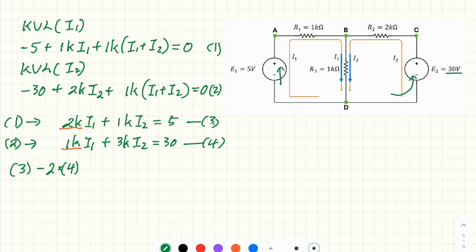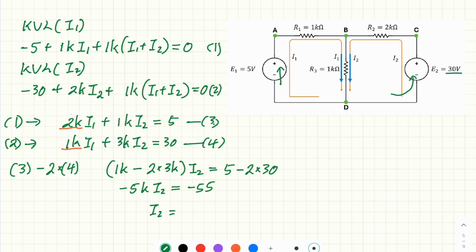So this will become 1K minus 2 times 3K, the coefficient of I2, and the same as 5 minus 2 times 30. So we have minus 5K I2 equals minus 55.